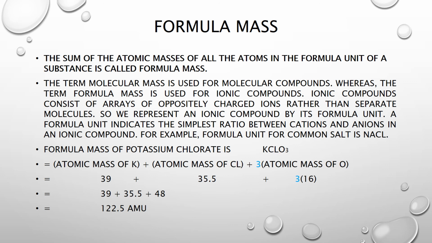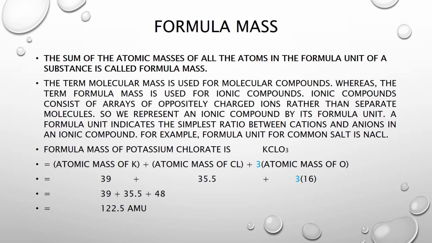When we calculate its formula mass, we will add up the atomic mass of potassium, the atomic mass of chlorine and the atomic mass of 3 oxygen atoms, and it will have the formula mass 122.5 atomic mass unit.